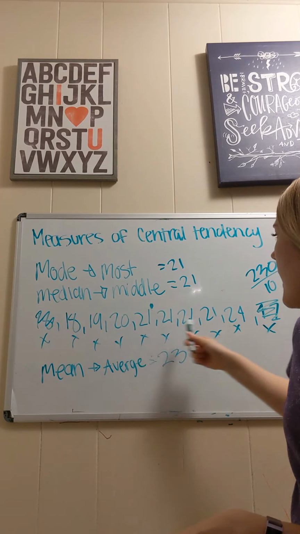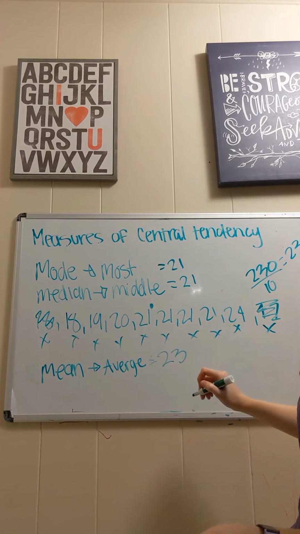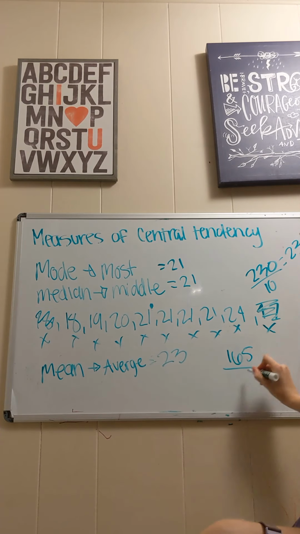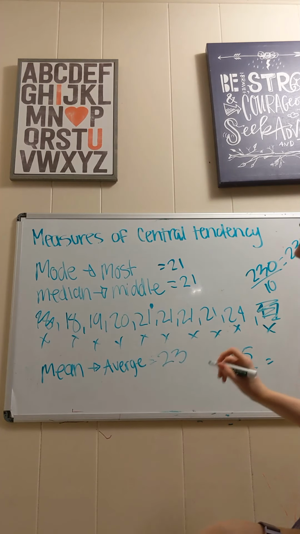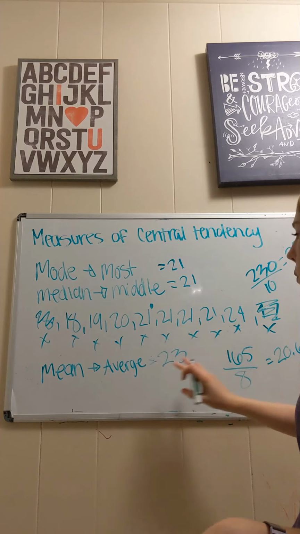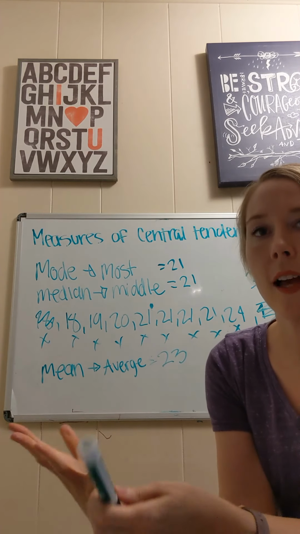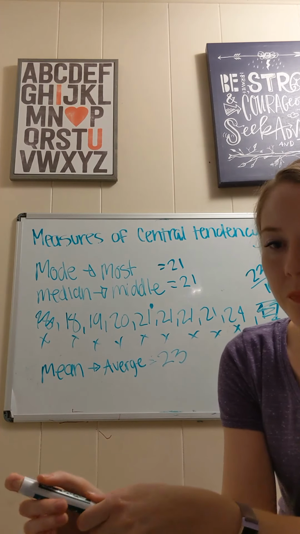So if we add up these 8 numbers, it would be 165. And we now would divide it by 8 because now there's only 8 attributes. And now it would be 20.63. So that is quite different than 23. So doing a trimmed mean for outliers is very beneficial.